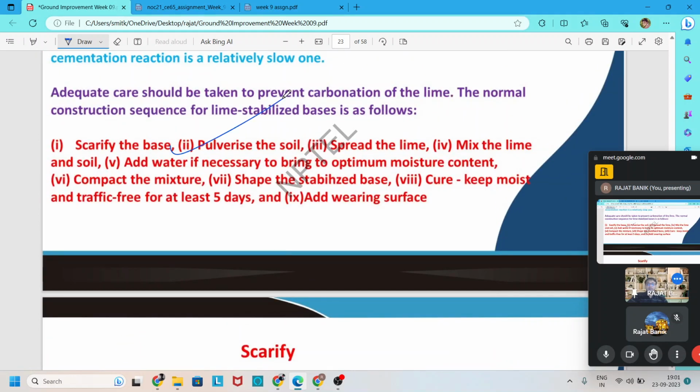Then we pulverize the soil. Pulverize means we convert the soil into a finer state.